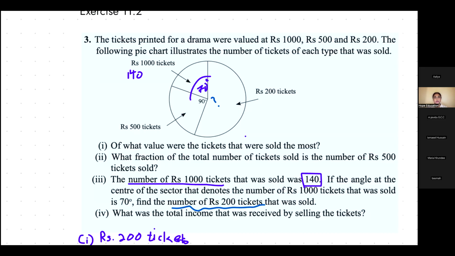Anybody? Add the angle of 1,000 tickets and 500 tickets and then subtract it from the total 360 degrees. Correct, Basma. Correct, Maria. You already know these two angles. 70 degrees you know, 90 degrees you know. So the total angle also you know, 360. So from 360 you just have to subtract these, right?